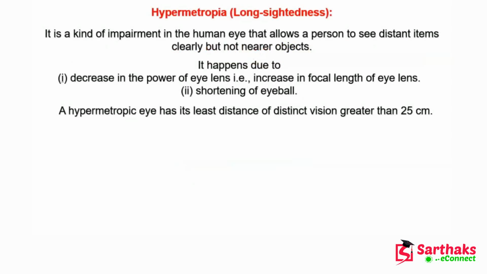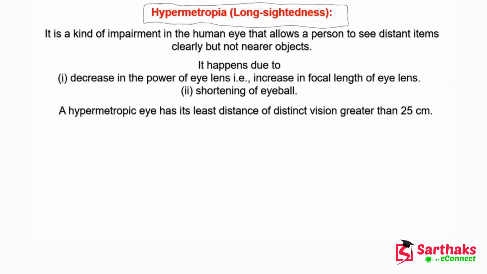So guys, here we are. Here we will study hypermetropia, which is another defect in vision. In the previous lecture we discussed myopia, and myopia was short sightedness.